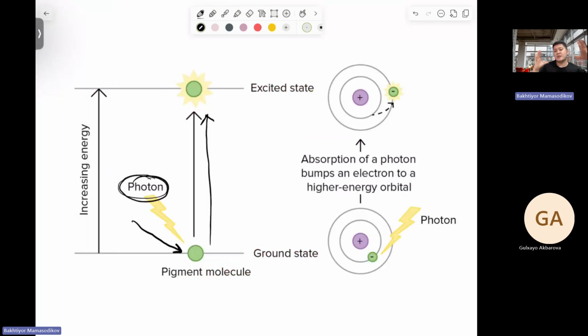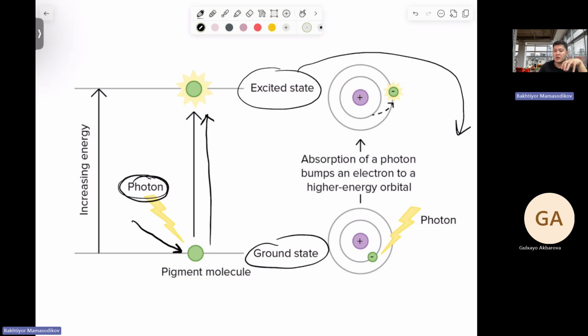The electron jumps from the ground state to the excited state. And this excited electron then passes through the electron transfer chain, okay?